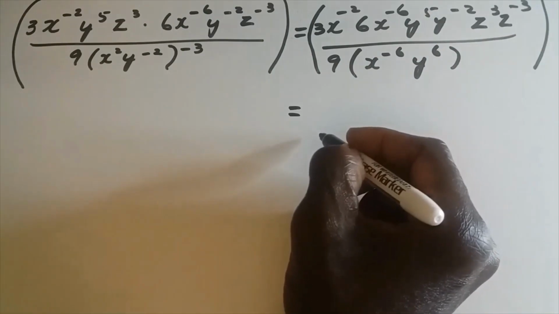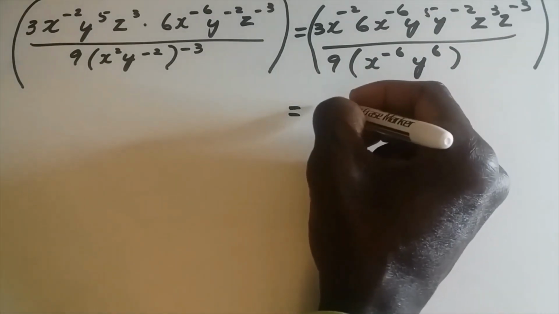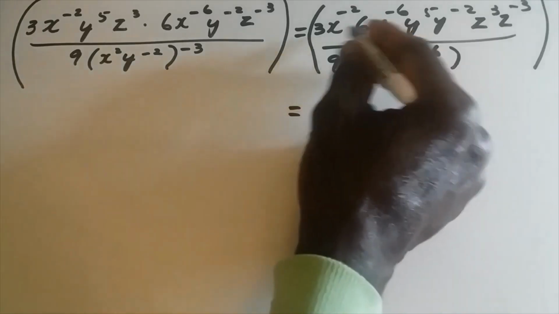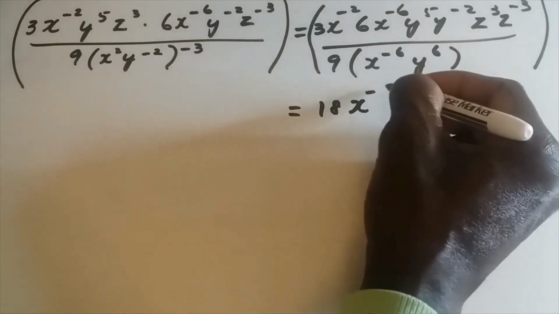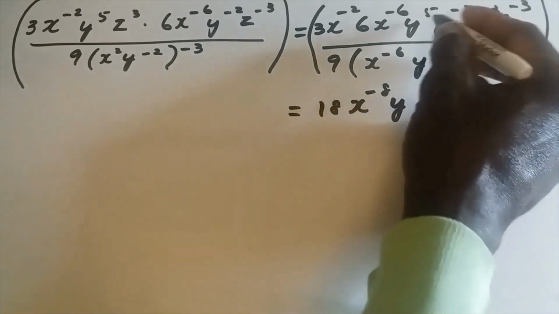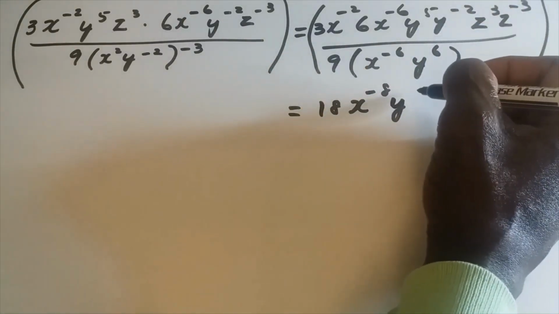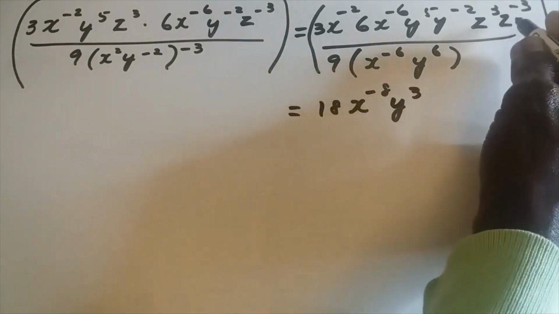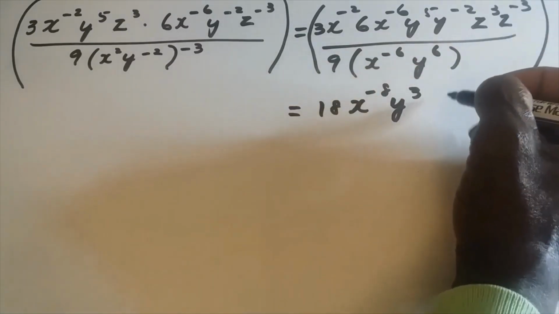Now we'll try and simplify as much as we can. So we're left with 6 3s are 18, x to the minus 8th, y cubed, 5 minus 2, which is y cubed, z cubed times z to the minus 3, that's 1, so we leave that as is.